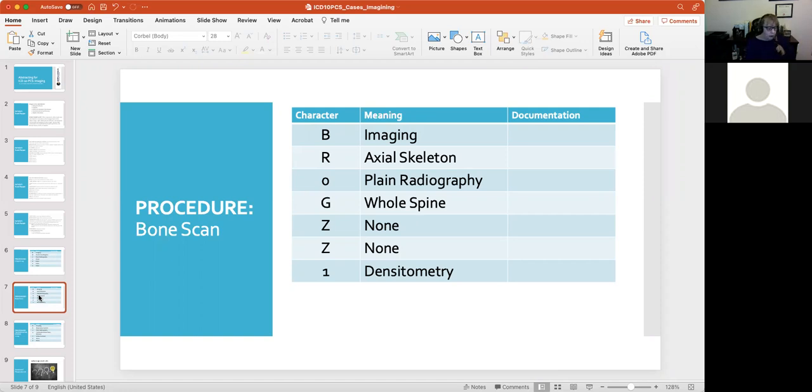So read that. And if you have any questions, just email me and I'm happy to help you. That plus the medical dictionary plus your coding manual is going to help you a great deal.